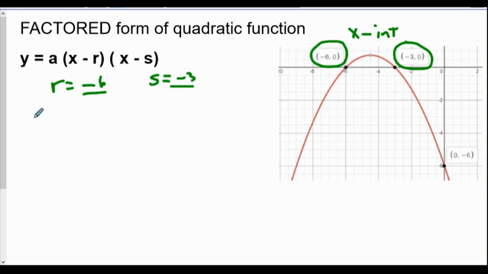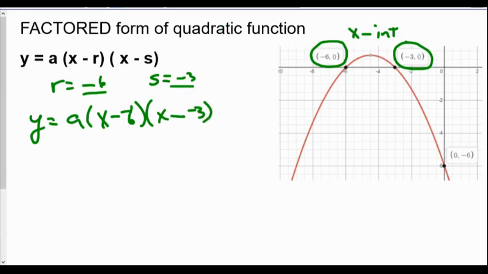So I'm going to write my equation as y equals a times (x take away -6) times (x take away -3). And now I'm going to clean up my double negatives again: a times (x plus 6) times (x plus 3).